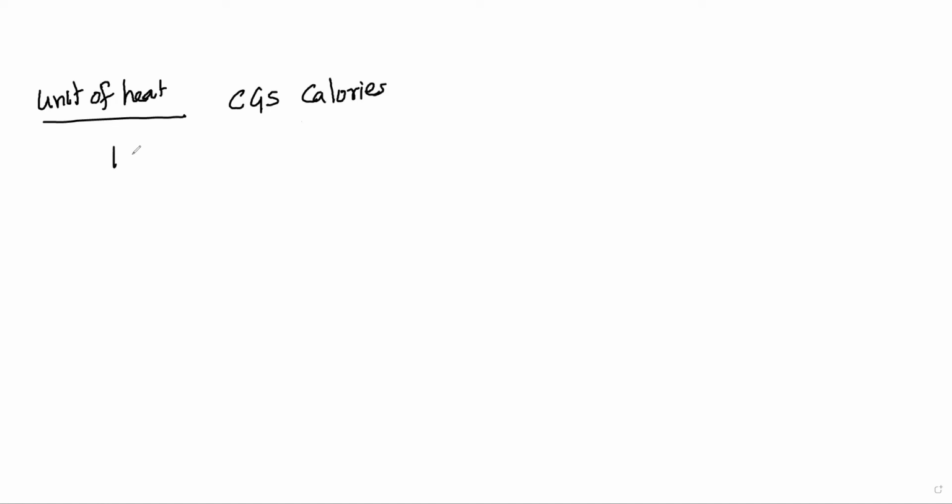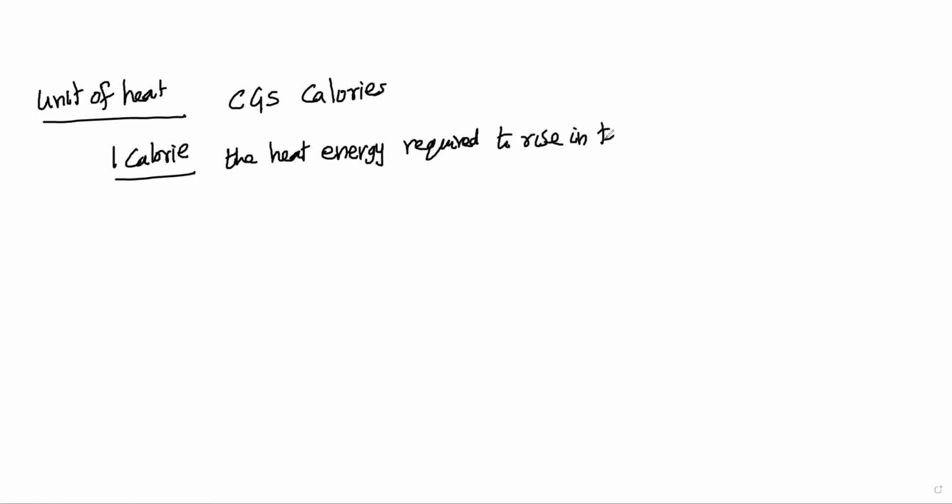How to define 1 calorie? 1 calorie is defined as the heat energy required to raise the temperature of 1 gram of water through 1 degree centigrade.